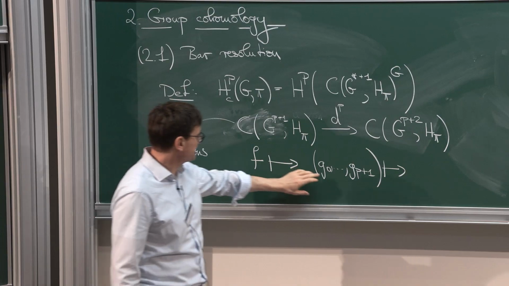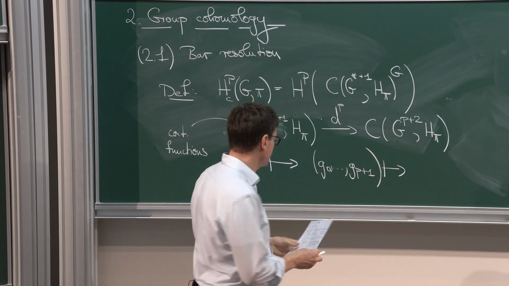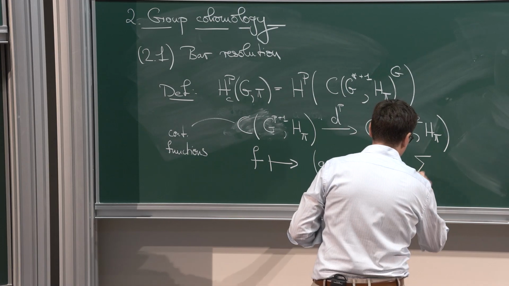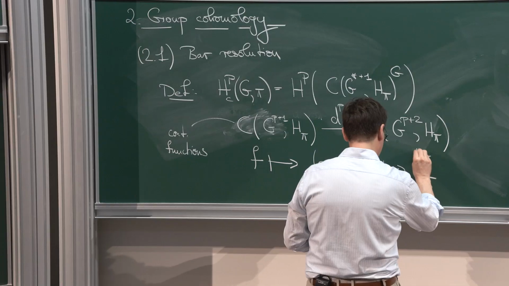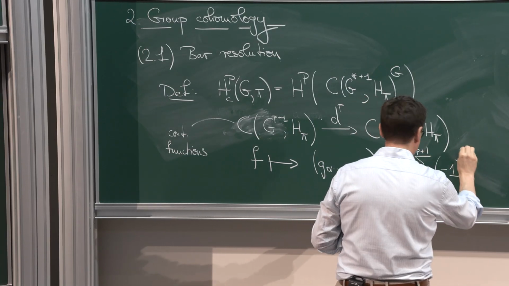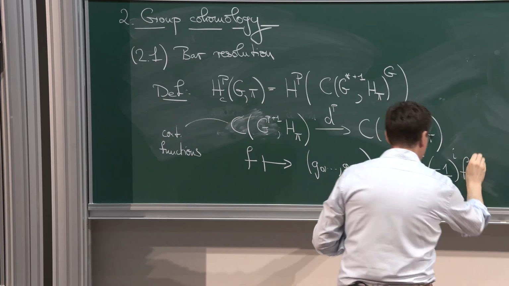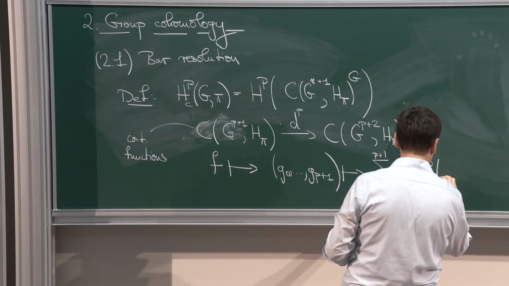And now we define a differential, and it maps F to another map on tuples, and it does a very familiar formula. It's an alternating sum of something where you skip one entry.